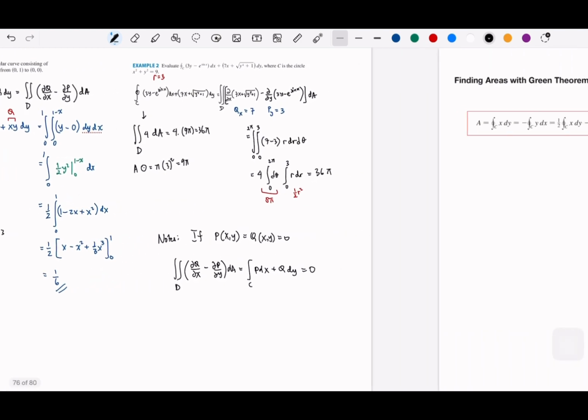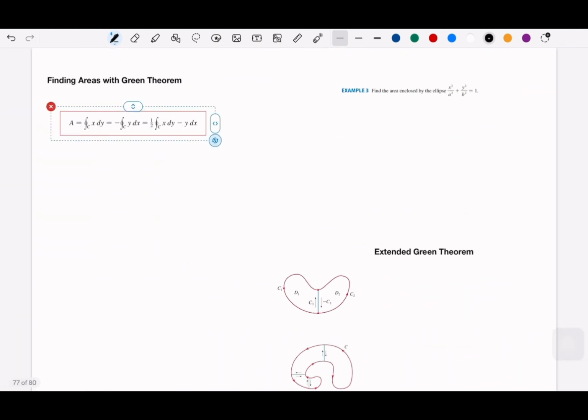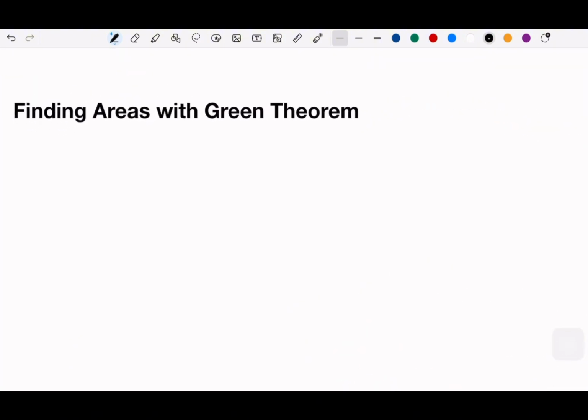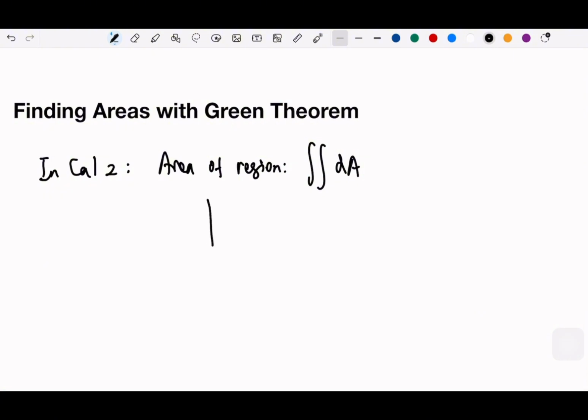So the area of D, if you remember the double integrals, let me start with the double integrations. In Calculus 2, we learned that the area of a region can be written as the double integral of dA, which means, if you remember how it works, the double integral is actually a volume, right?